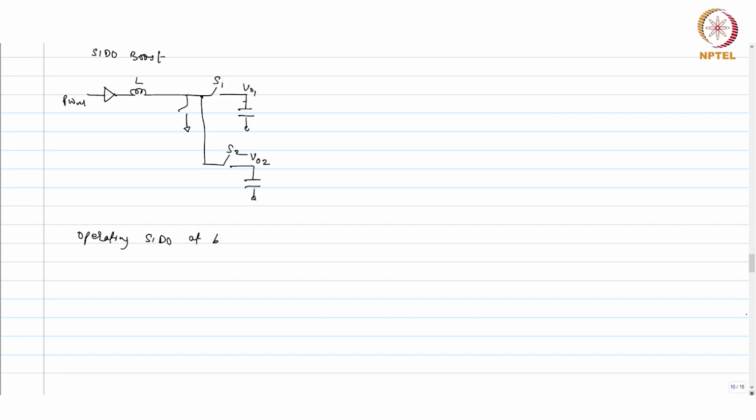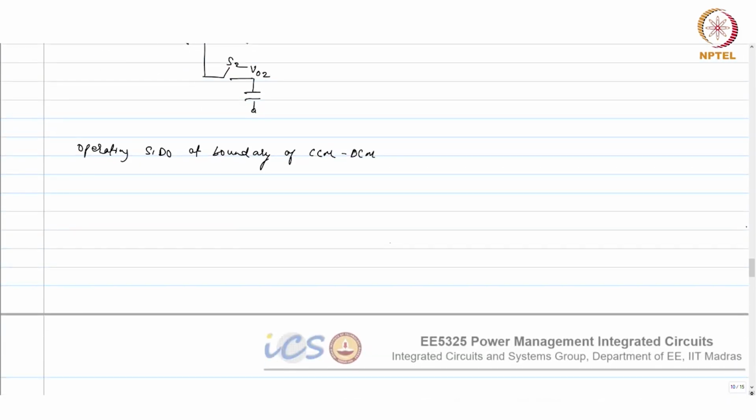So this is your IL. It is going like this. You wait until it goes to zero. So this is zero, and that is some load current peak depending upon the load.